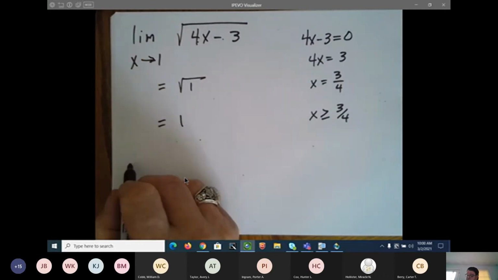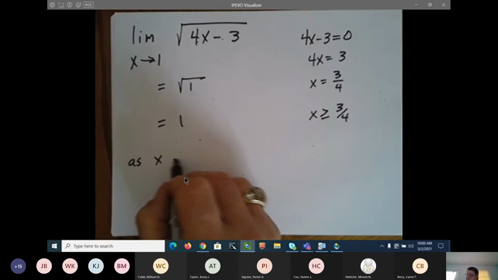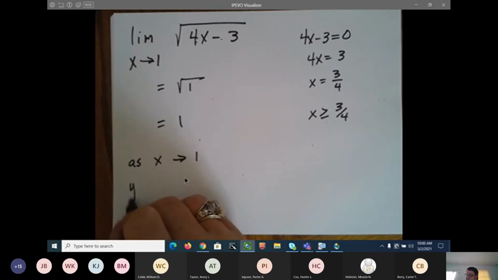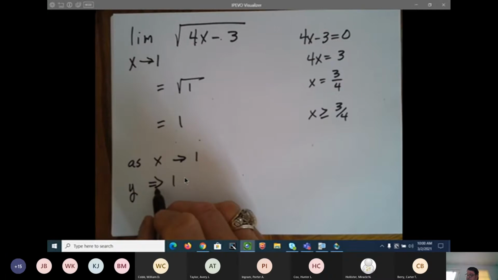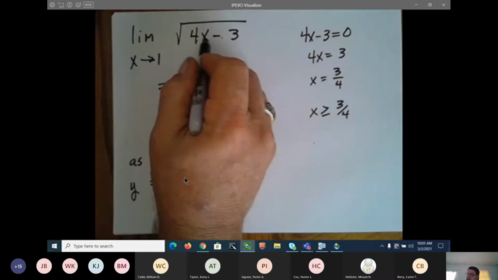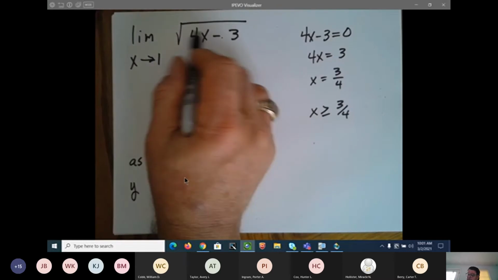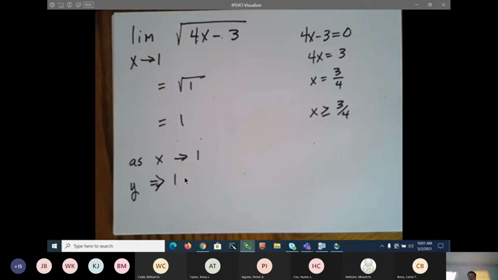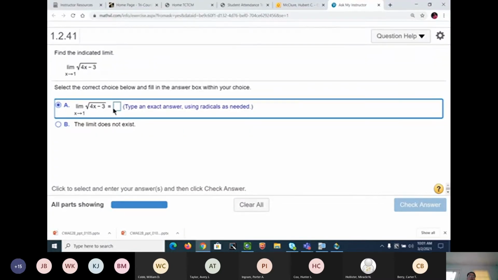So as x approaches 1, y will be approaching what? 1 also. Because 4 times 1 is 4. 4 minus 3 is 1. The square root of 1 is 1. So your answer should be 1. And you should feel good about yourself.